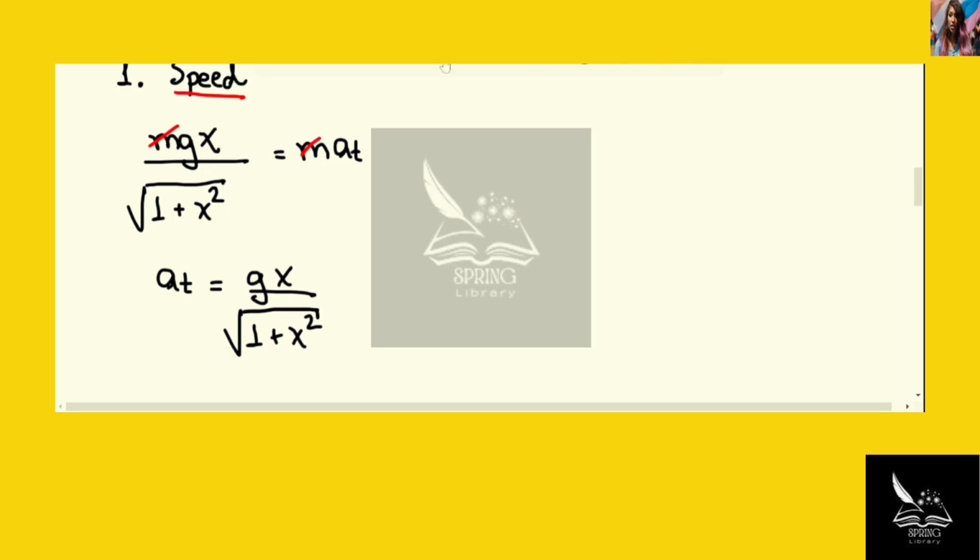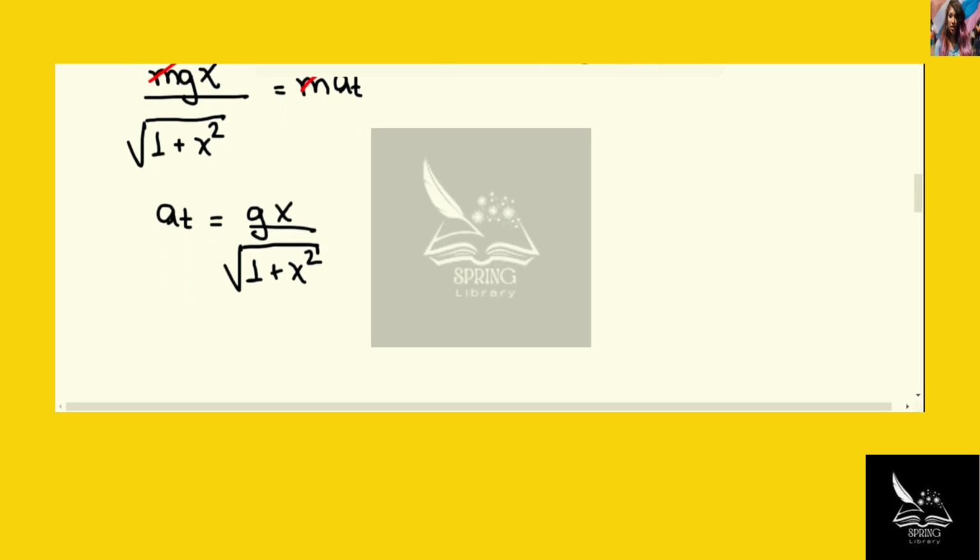Now remember that the tangential acceleration, as I said before, is equal to dv/dt. And this is equal to gx divided by the square root of 1 plus x squared. Now I'm going to multiply both sides by v, so we have v times dv/dt is equal to v gx divided by the square root of 1 plus x squared.